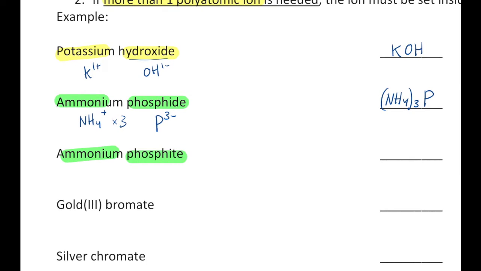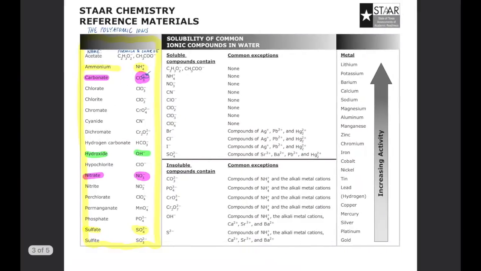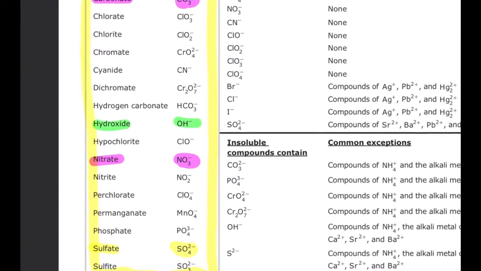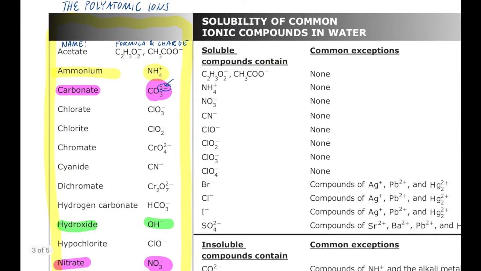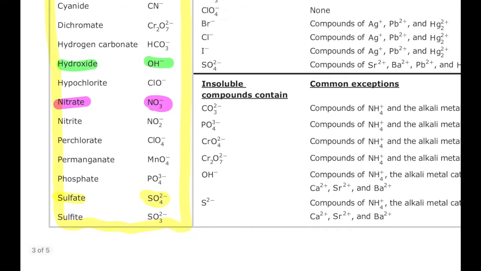Next one here. Now this is a little bit different. The ending is not ide anymore. Be really careful there. Ammonium is still NH4 plus. When I just have a plus, that just means 1 plus. Now I remember I was looking over here and we actually do not have this polyatomic ion. So I want you to change your answer here. I said it was phosphite, but let's go ahead and use phosphate instead.